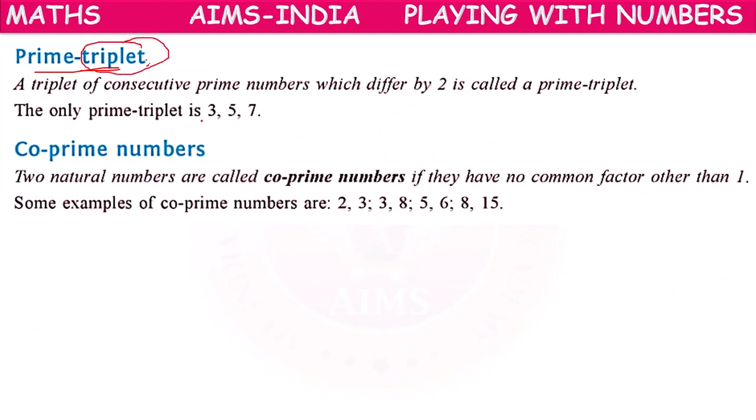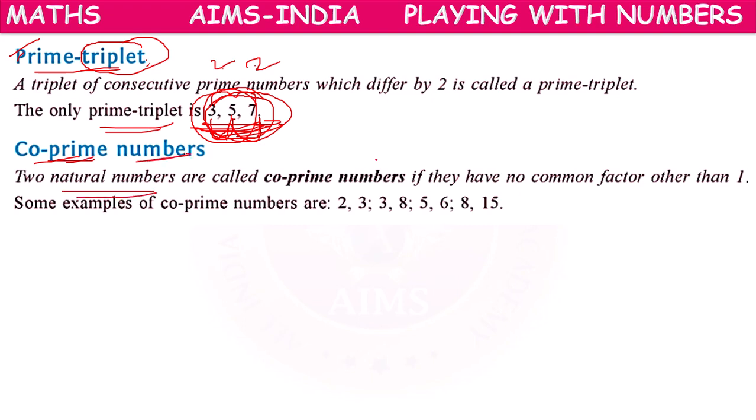For 3 consecutive prime numbers, if the difference of the first 2 is 2, and the difference of the next 2 is 2, then this group of 3 numbers is called a prime triplet. So 3, 5, 7 is the only prime triplet we have in the numbers.